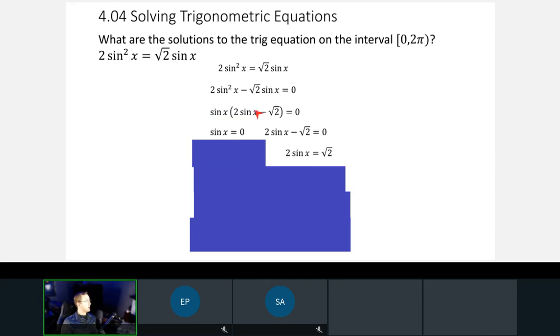So if you think about it, in the very beginning, if you divided both sides by sine x, you would have got down to this step immediately, right? 2 sine x equals rad 2. People in chat, you see that? But the problem with doing that, if you divide both sides by sine x, you get down to here. That sounds like we saved a lot of steps, and that's cool and all.